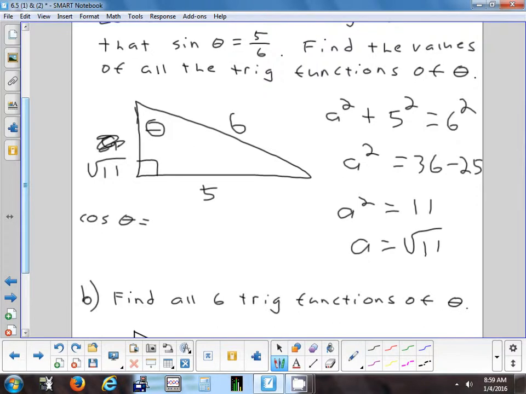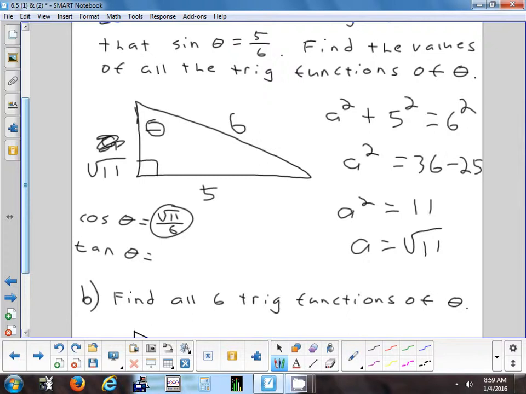Square root of 11 over 6. Perfect. That's it. Okay. Now that's not the angle. Okay, we didn't actually find how big of an angle this is. All we did was find the cosine of that angle. Okay, we're not going to worry about finding the actual angle till tomorrow.